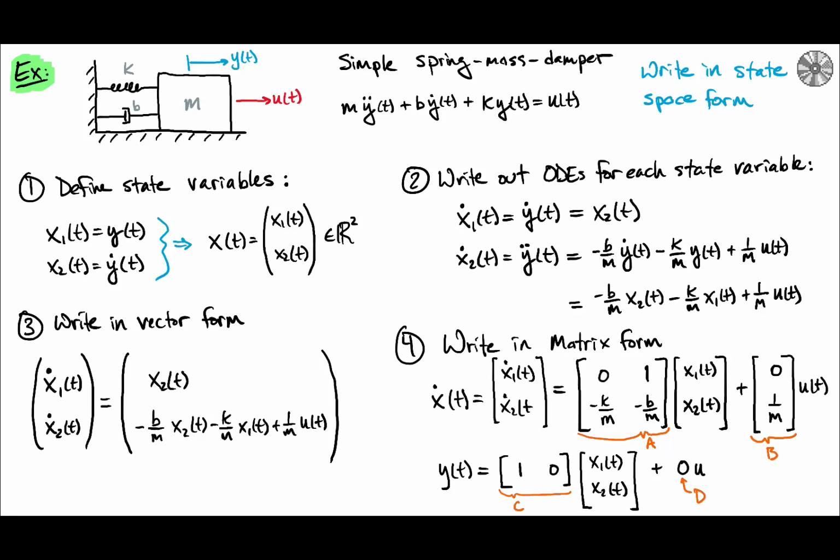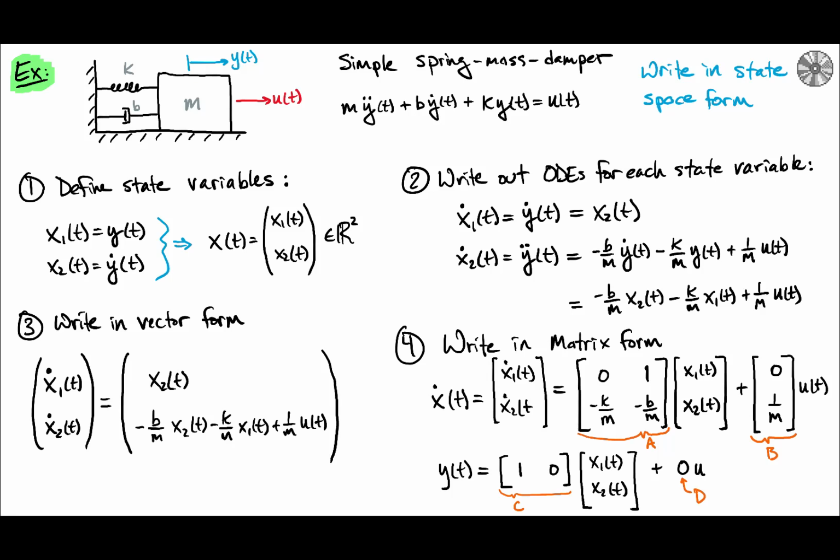In this case, because this is an order 2 differential equation, we will then change it into a first order differential equation with 2 states, so that the 2 in both of those cases is important. That's linked. So the first step that we do is we define state variables.